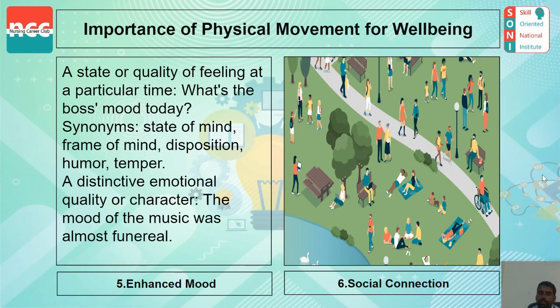And a patient goes to hospital and he meets with doctors and nurses, and there is an interaction between the doctors and patients. So this is called social connection, and our social connection should be in a proper way, so that we can face various kinds of situations which occur in our life.